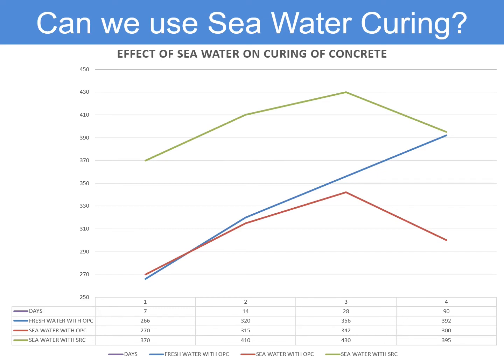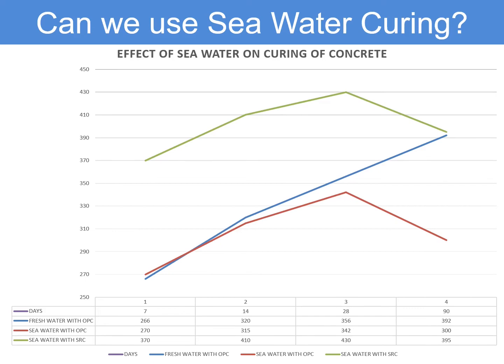But when you see the curing with seawater for the same mix, you may have the early strength for 7 days, but when it comes to 14 days, 28 days and 90 days, you can see a consistent appreciable drop in strength as compared to the blue line, that is curing with the fresh water.